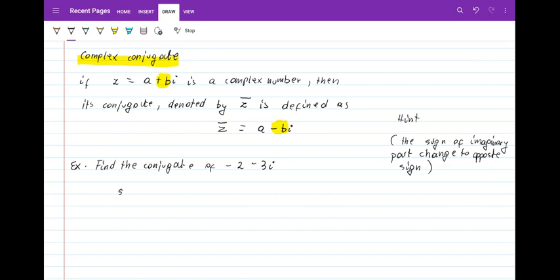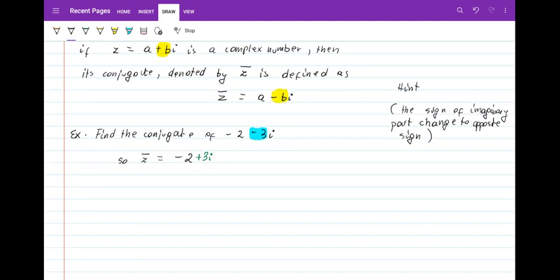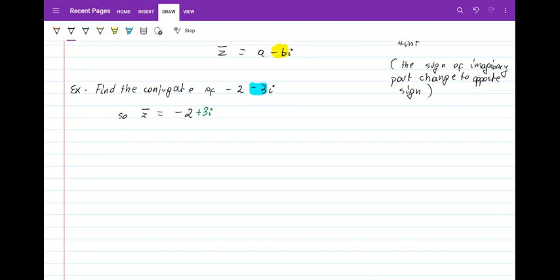So the conjugate, which is z bar, will be equal to negative 2, and the sign of the imaginary part changes to the opposite, so plus 3i. That's it. That's the complex conjugate. Maybe let's do conjugate practice. Just one practice.